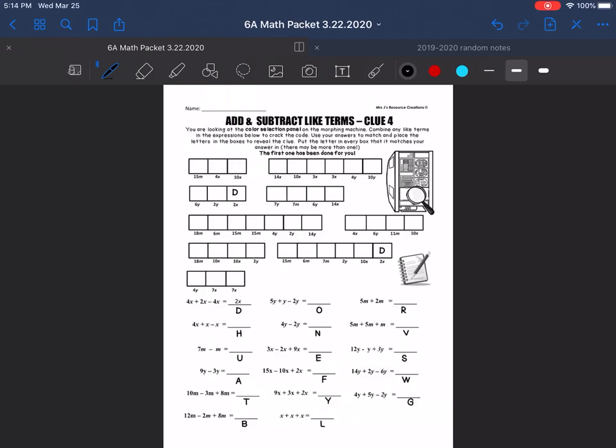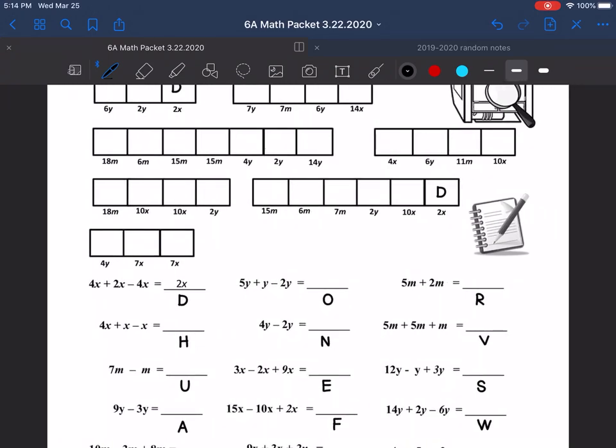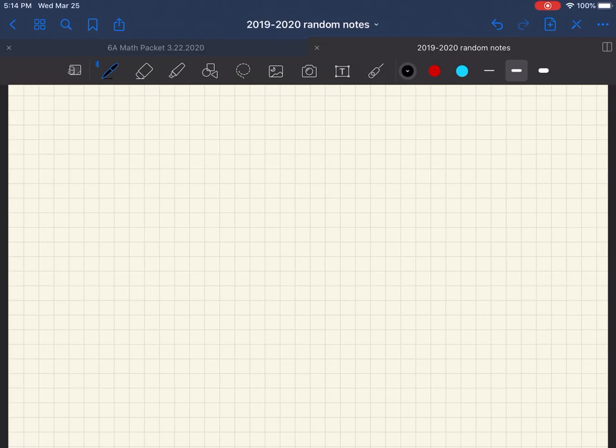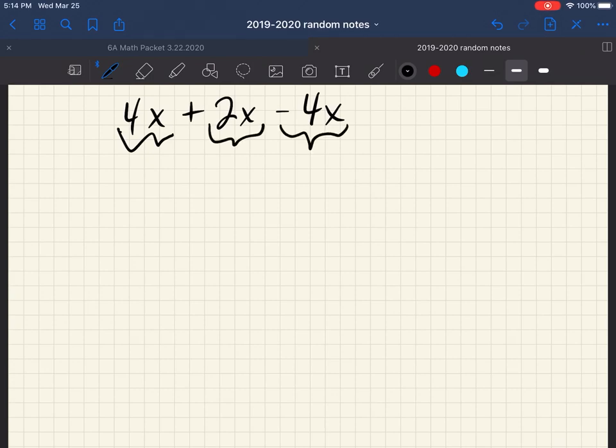Now, when I'm getting to clue number 4, this is something that we didn't do a whole lot of in class, so I really wanted to take a second and talk about it. Looking at D, this example that they gave us, 4x plus 2x minus 4x. Each of these is a term: 4x is a term, 2x is a term, minus 4x is a term.